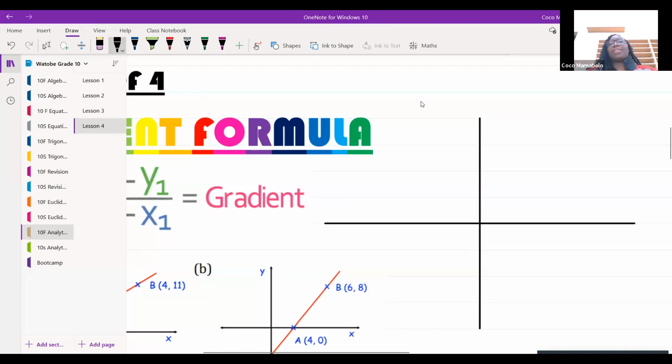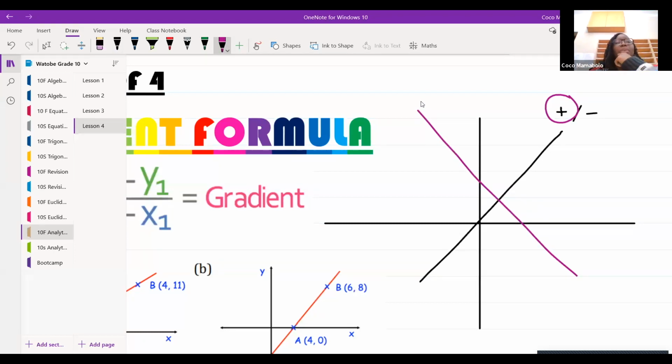All right, tell me, guys, if I drew a line like this, is my gradient positive or negative? Good, it's positive because I'm going up here. What about this line going that way, the purple line? Positive or negative?